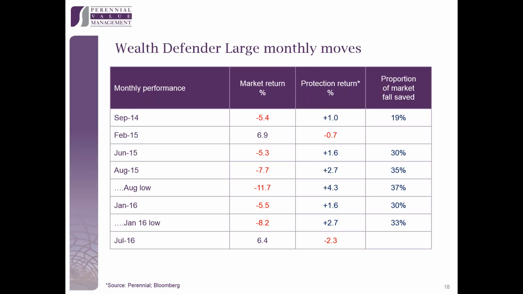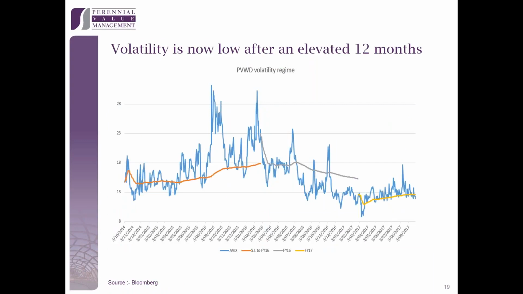So we haven't really seen a significant sell-off yet, although maybe you could call 11% significant, but it's certainly getting there. But what we do know is that every time the market falls, we make money in that book, and the further the market falls, the more percentage of fall saved we seem to see. And that's no surprise to us, of course, but it's good to see it demonstrated there.